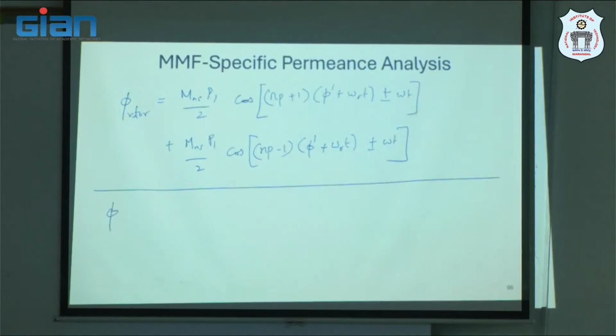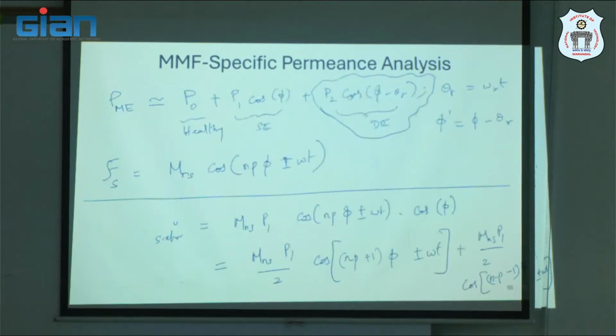This is, let us say, phi rotor 1. So I have to take this and multiply it with phi minus theta r. What is phi minus theta r? It's phi dash, right?